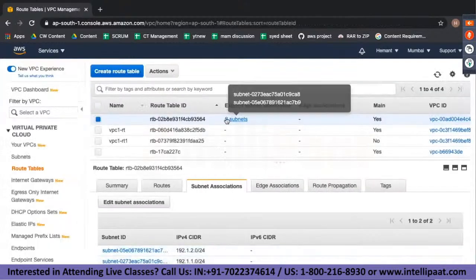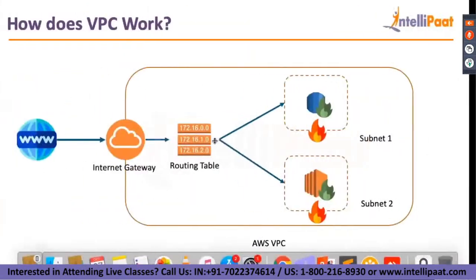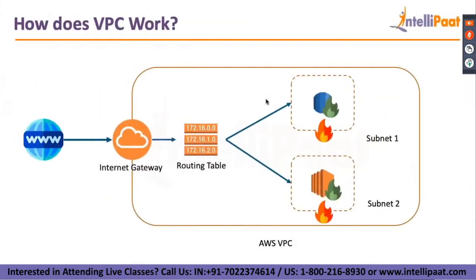So when you do that, this routing table says that both these resources can talk to each other via the routing table. And now we want internet to be available in this routing table as well, right? So we are going to configure that. But right now, let's not configure the internet, and let's see what the behavior will be in case we don't add the internet.